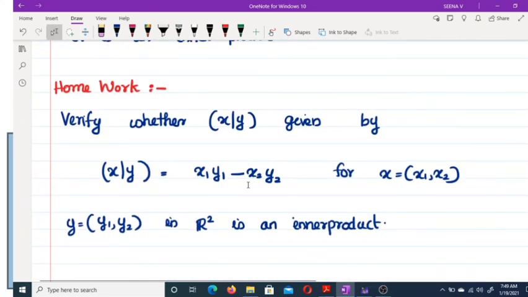Now I am giving you one homework. Verify whether the inner product given by x1 y1 minus x2 y2, for x equal to (x1, x2) and y equal to (y1, y2) in R2, is an inner product. You have to verify this.